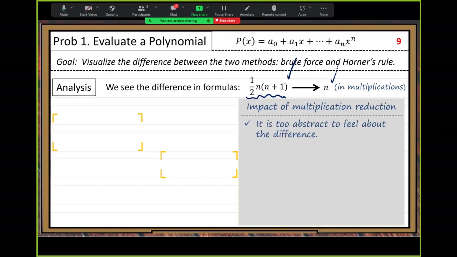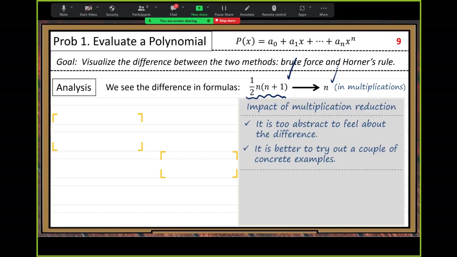It is too abstract to feel the difference. It is better to try out a couple of concrete examples. Let's do 2 experiments. We want to use concrete numbers to see how big the difference is between these 2 methods, the brute force method and Horner's rule method.